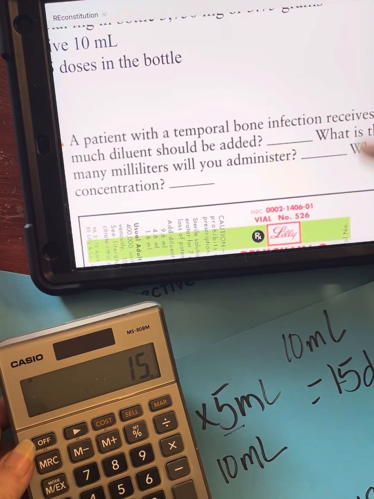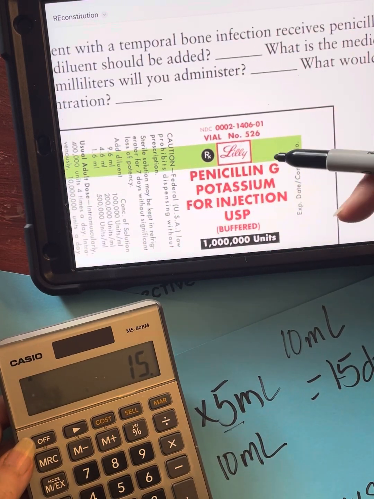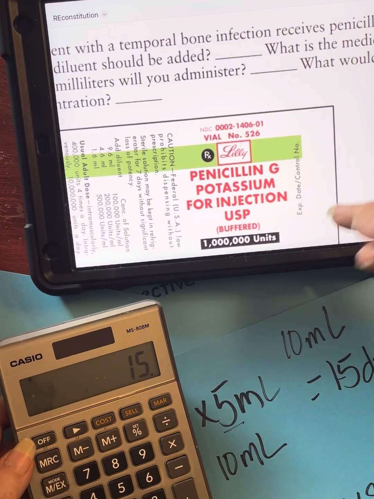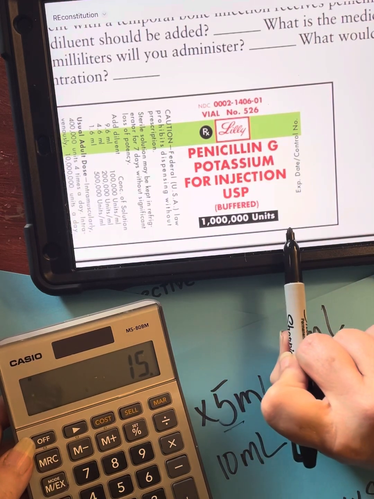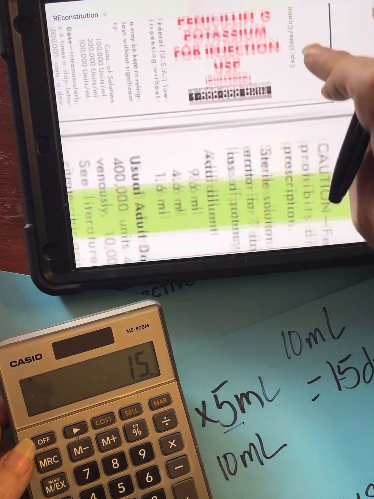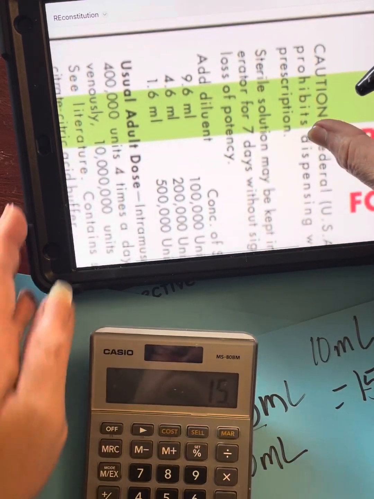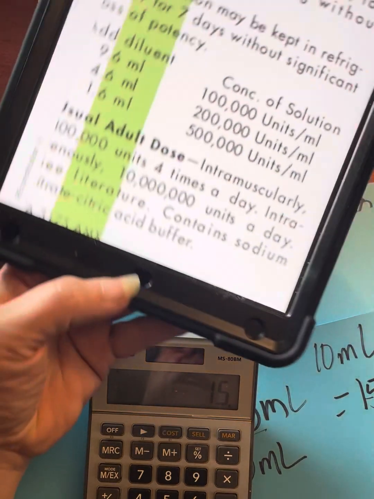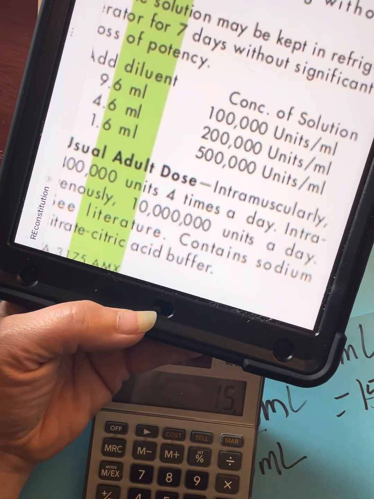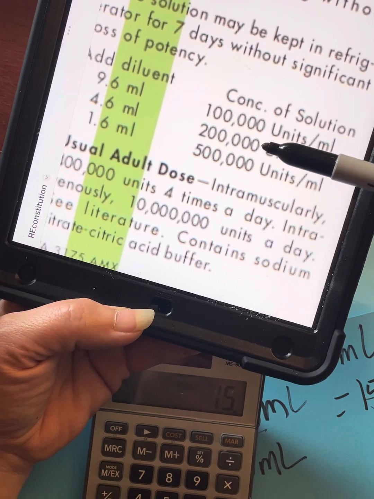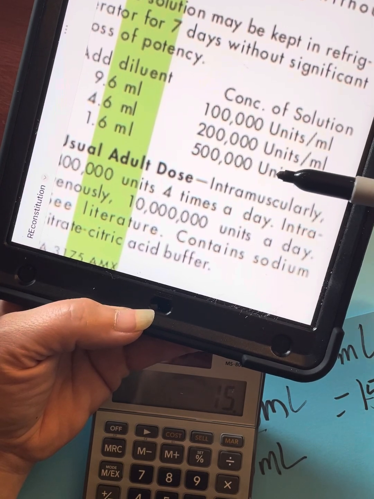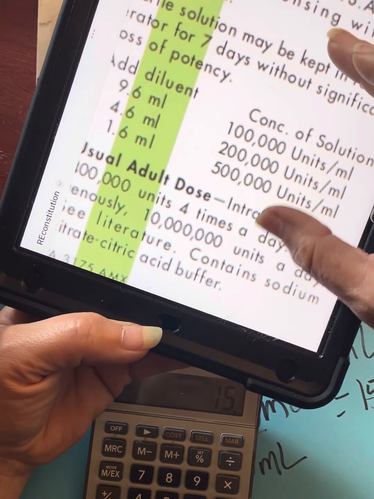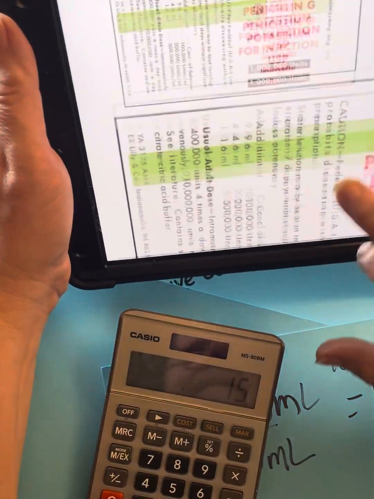I'm going to do one more. That penicillin G. There are 1 million units in this whole thing. I didn't do that. And you see, depending on how you reconstitute it, you could have 100,000, 200,000, or 500,000. It's going to depend what he's ordering. So let's see.